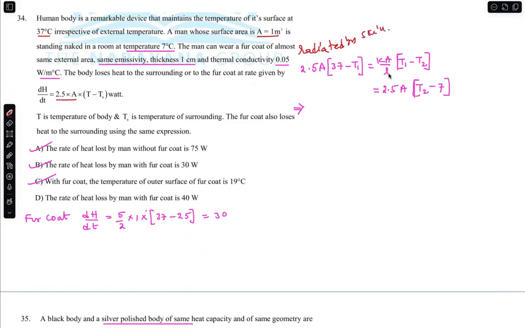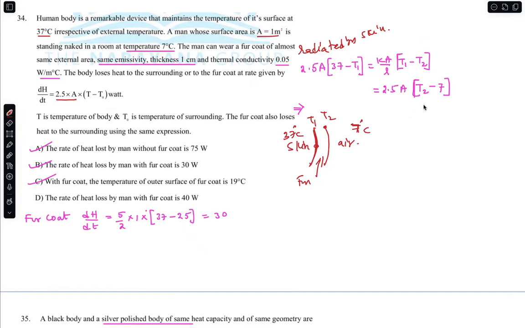And this is conducted: K A by L, where L stands for the thickness of the fur, times T1 minus T2, again from the area of the skin, fur, air. Earlier, skin is directly radiating to air. Now, skin radiates, and because of that the inner surface of the fur will have T1 temperature, the outer will have T2 temperature, and air will have 7 degrees centigrade. The inner body will have 37 degrees centigrade. So that's the picture you have.